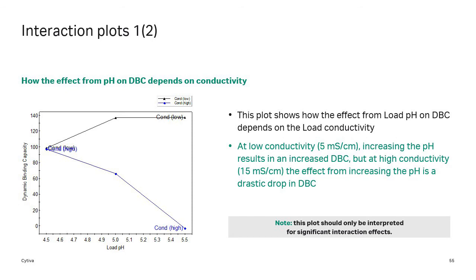However, if we have a low conductivity, so very, very little competing charge in the solution, you'll see that we are already at the maximum binding capacity here, and actually what's going to happen when the pH goes down even more, so the protein gets even more charged, is that we're going to get a lower binding capacity, which is non-typical, and that's due to the surface being extended with those grafted wavy arms to really improve mass transfer and binding capacity. So this is as would be expected for a surface extended cation exchanger like Capto S.